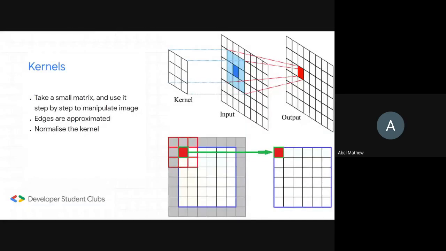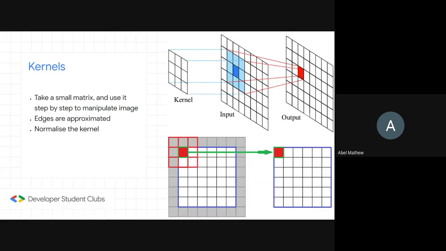The final major topic that I want to cover before we go into the code is something known as kernels. Kernels are small matrices which we use to modify the larger picture that we have. Let us understand.